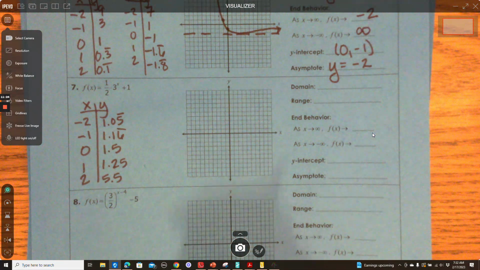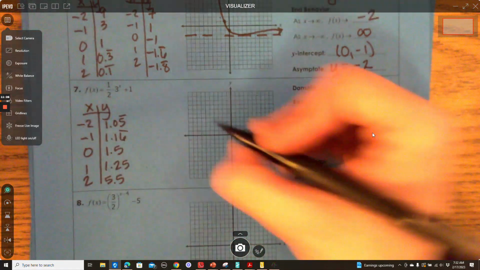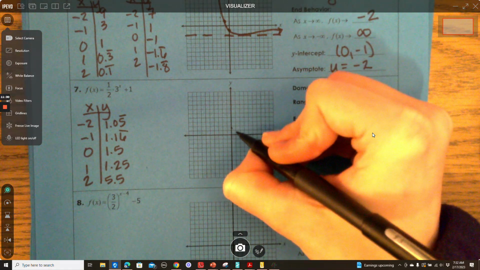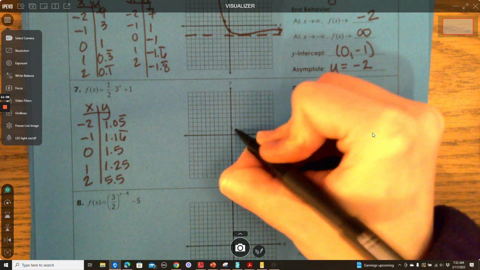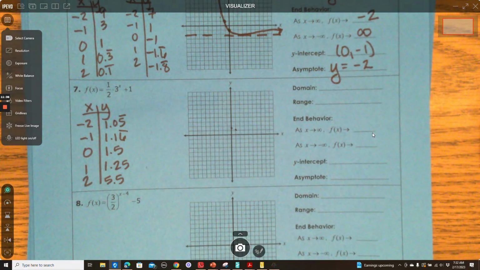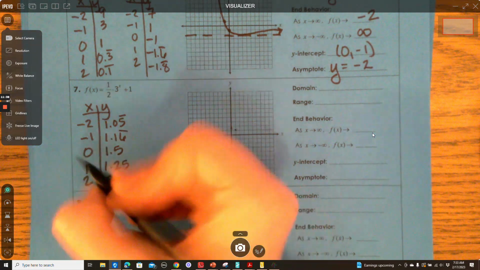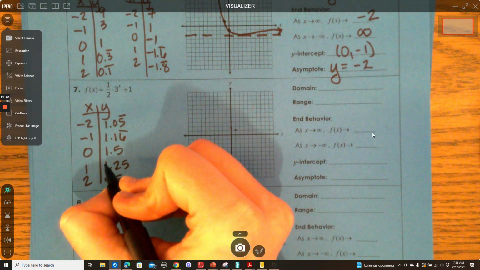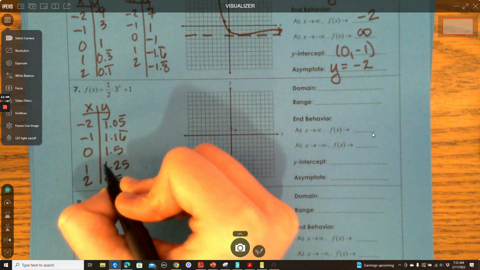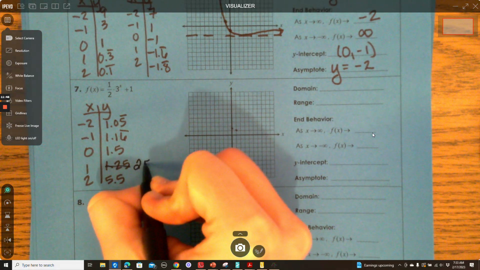All right, so if we graph this one, 0 and 1.5, 1 and 1.25. Why is it doing that? Oh, I'm sorry, I was looking at the wrong list. This should be 2.5.